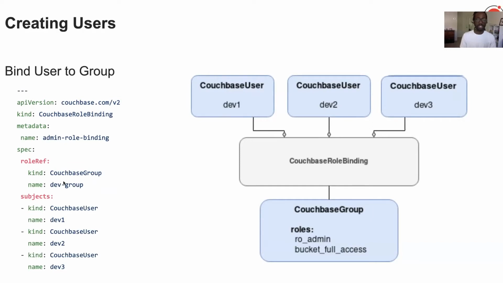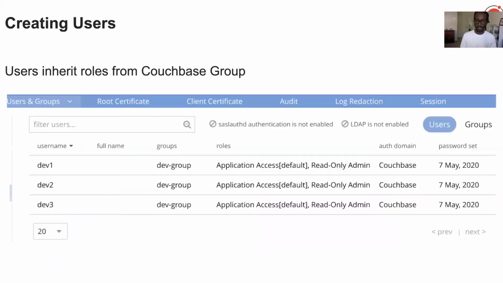And this works very similar to roles or cluster roles that you've seen in Kubernetes, where we're referencing our Couchbase group and we're adding these 3 developer users to the group itself. So when you do a kubectl create on the role binding, that's when we actually get the users into Couchbase itself. And we see that they're all members of the same group, and therefore they all have the same exact roles associated with them.